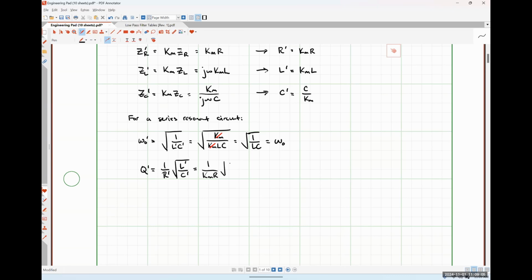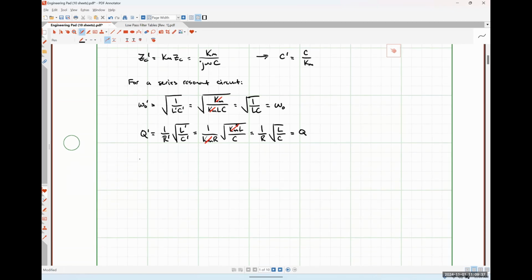So L is Km times L. C prime is going to be C, and then I'm going to have that over Km. So that's going to put a Km squared up here in the numerator. And hopefully, obviously, the square root of Km squared is Km over Km. Those guys cancel each other out. And we're left with 1 over our original R times the square root of L over C, which is our original quality factor.